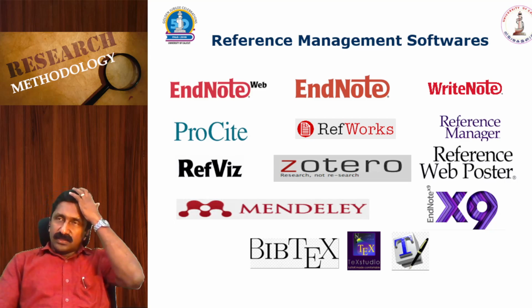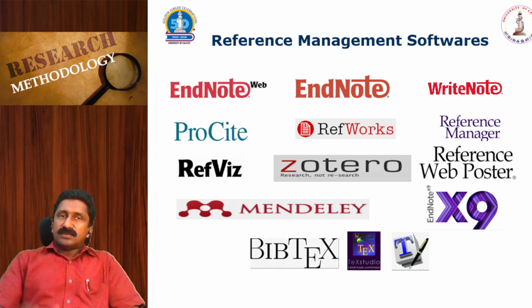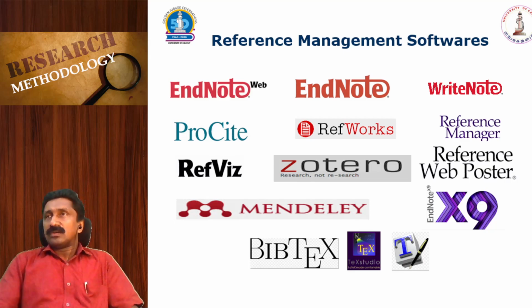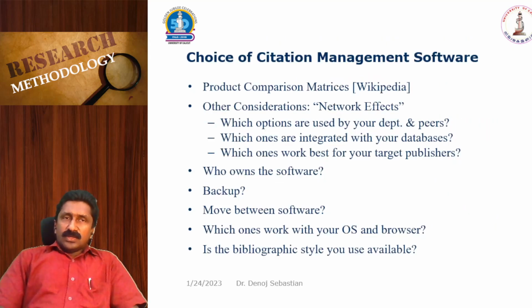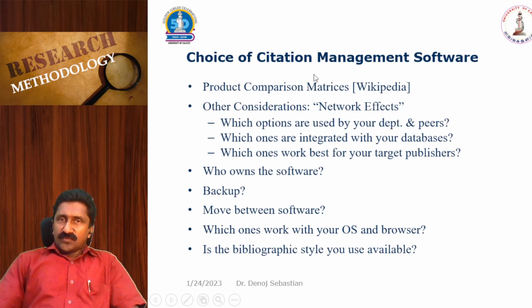Fine. So anyway, for the other people, we are integrating Microsoft Word or LibreOffice, such text editors, with these bibliography management softwares. So in our choice of citation management software, which software should be used?